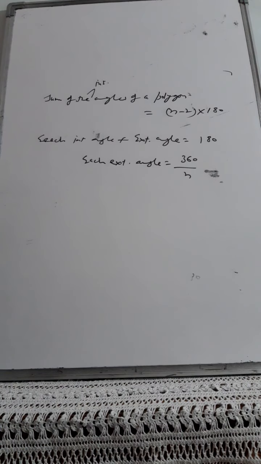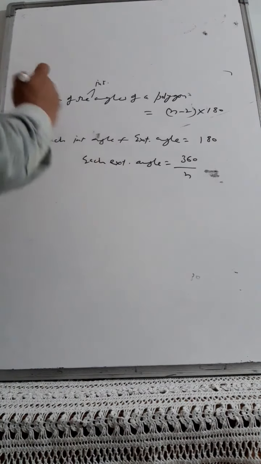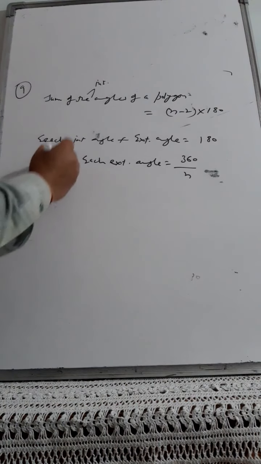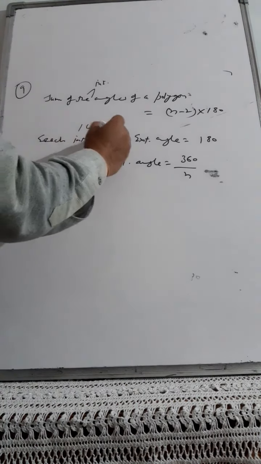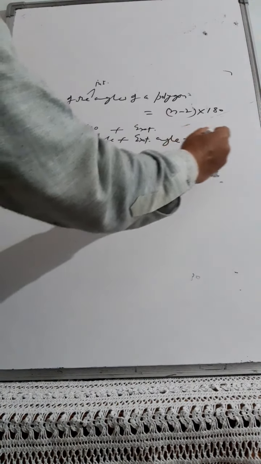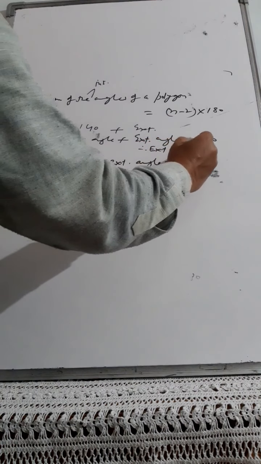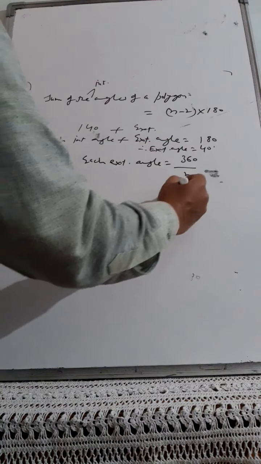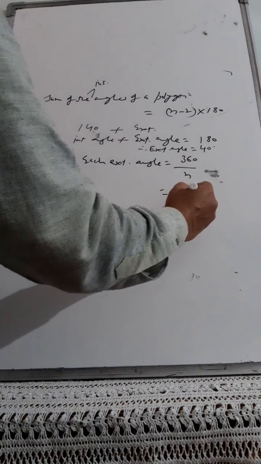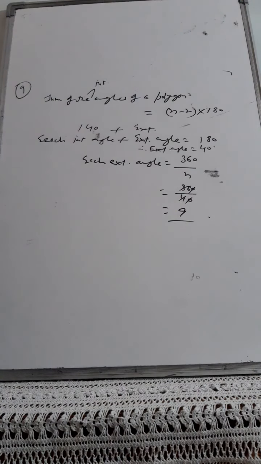Each interior angle is given as 140 degrees here. This is question number 9. So 140 plus exterior is equal to 180. Therefore your exterior angle will be 40 degrees. So it is 360 upon 40 and your answer will be 9.